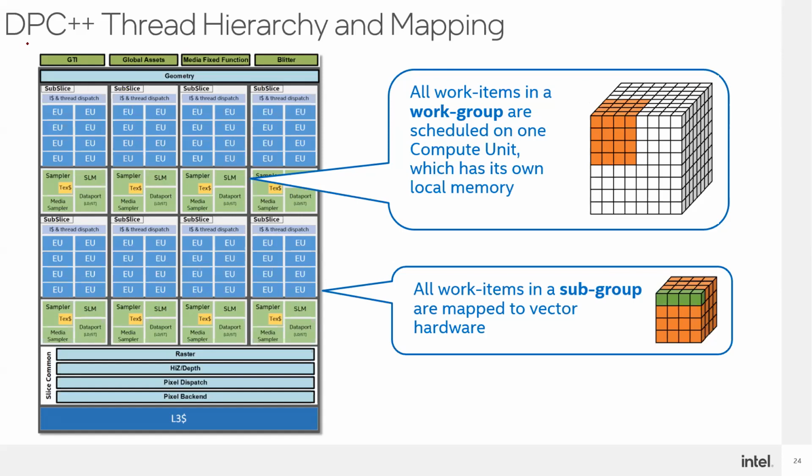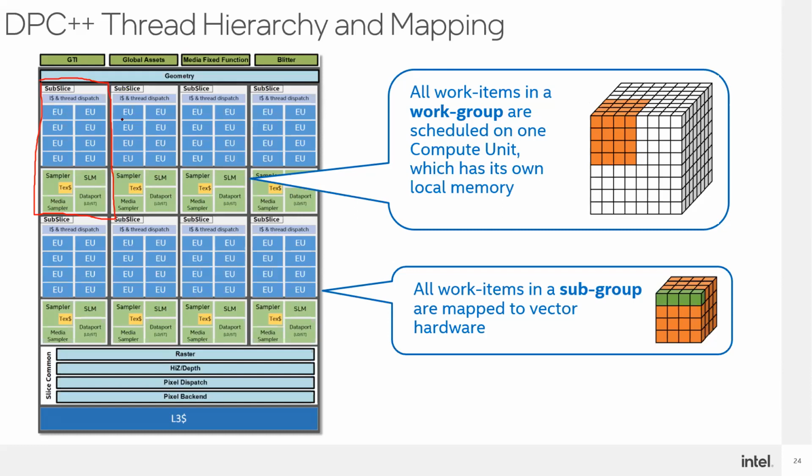Here is an example of our integrated graphics architecture, which is common to discrete as well, and can be applicable to discrete. As you can see here, we have subslices, which consist of 8 execution units.